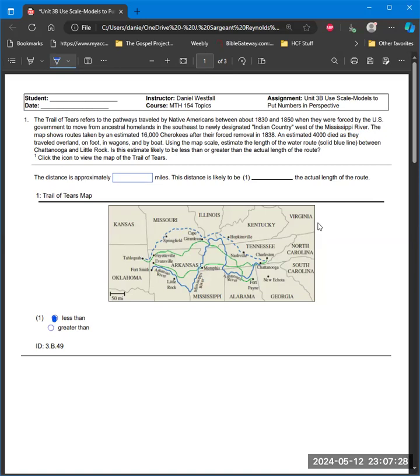You can get a good approximation here that there are about 1, 2, 3, 4, 5, 7, 8, 9, 10, 11 of those. So there's about 550 miles, but we're probably off because of all the twists and turns in the river.